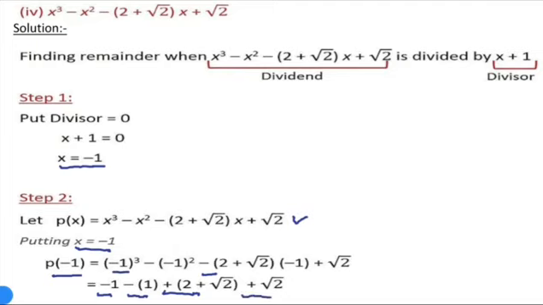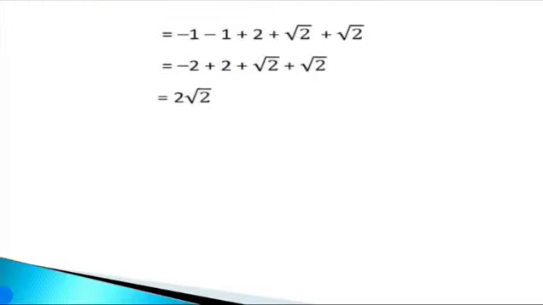So in the next step we get minus 1 plus 2 plus of root 2 plus root 2. So here we just multiplied. Inside the bracket we get plus 2 plus of root 2.